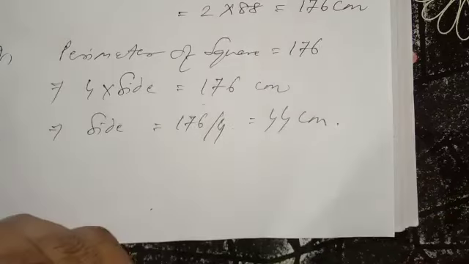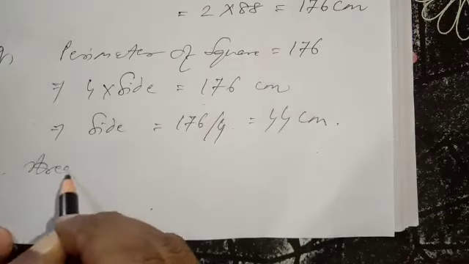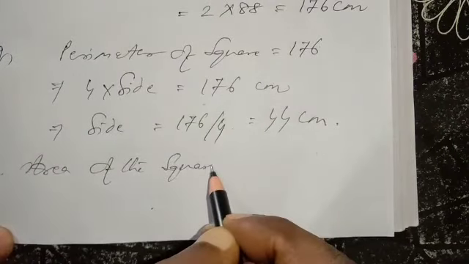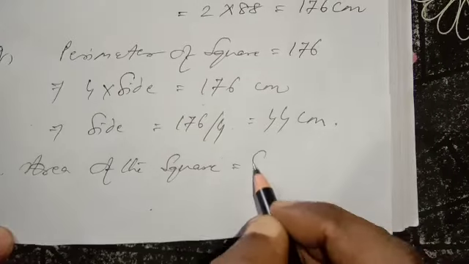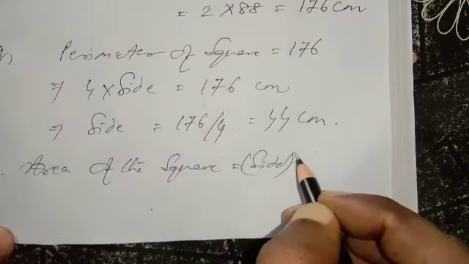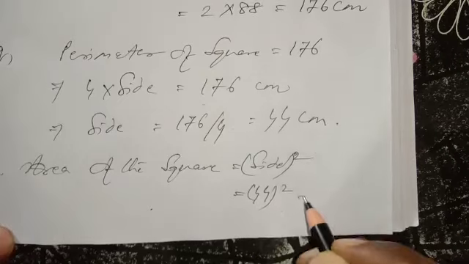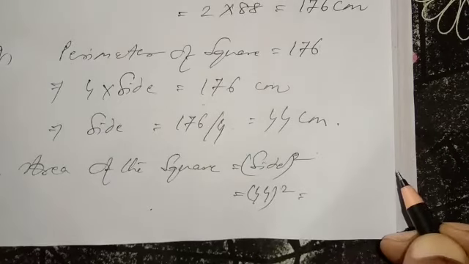Therefore, you have to find out the area of the square. Area of the square is equal to side whole square. That is 44 whole square. Just multiply 44 into 44, you will get the result.